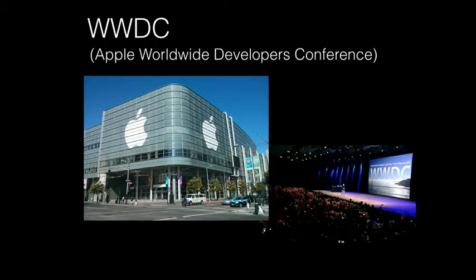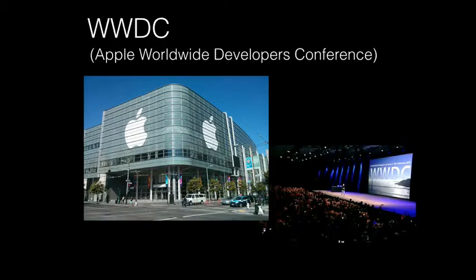It's been happening since the 90s, but it's become very popular since the release of the iPhone. So in 2008, all 500 tickets sold out, and each year they sell out faster and faster until now. I think maybe they're doing a lottery system. I went in 2012, and I think tickets sold out in about an hour, something like that. So it's kind of crazy. It's kind of fun to experience.